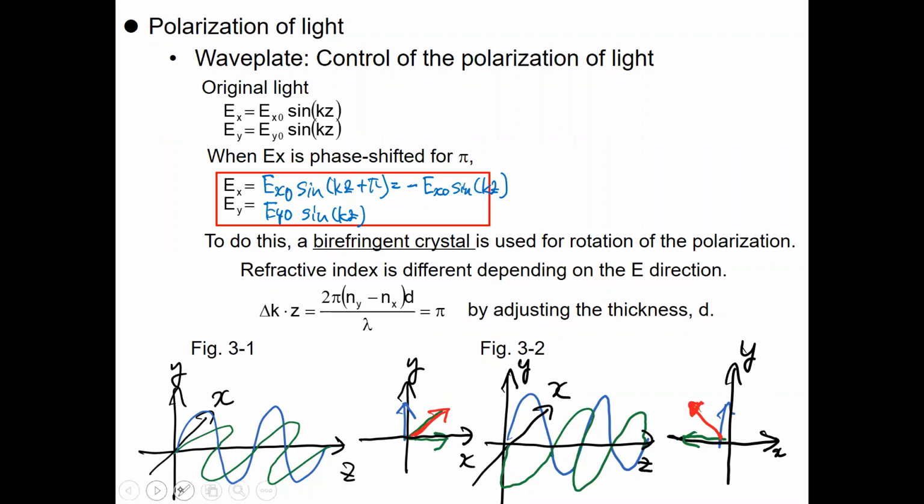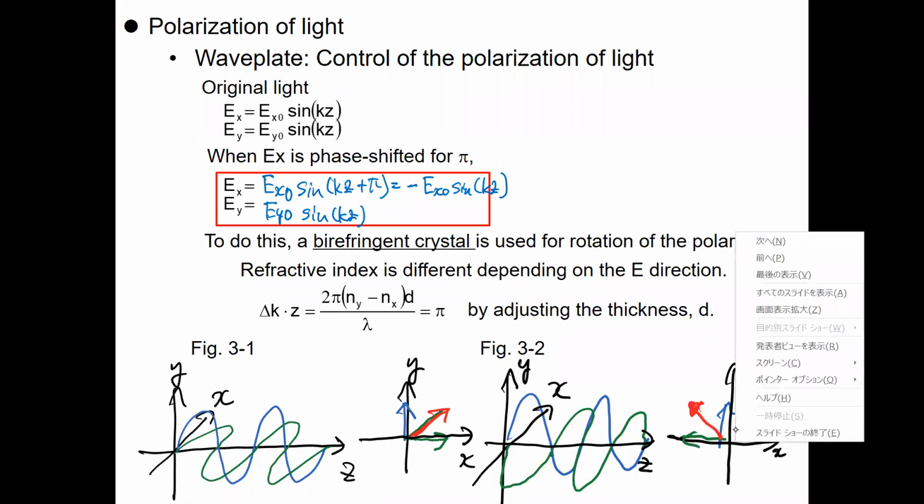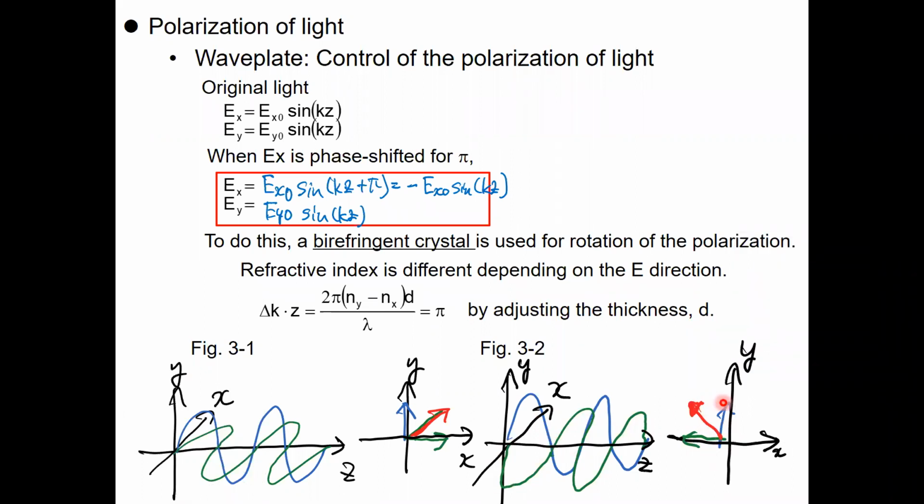As you can see in this figure, only the electric field of X is now opposite. Then the synthesis of the Y direction and the X direction gives this red direction.